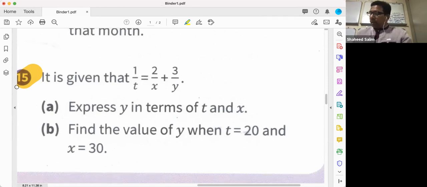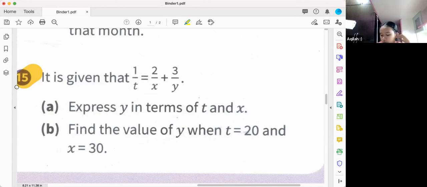If you're stuck, please tell me, okay? How do I bring the 3 over?